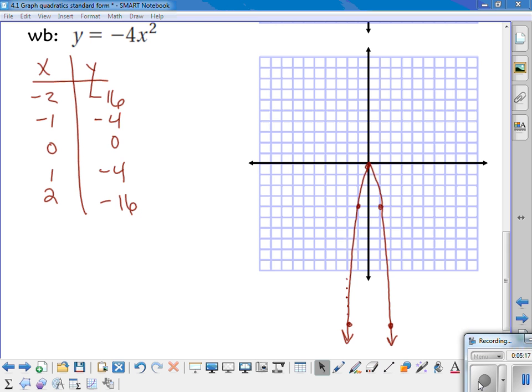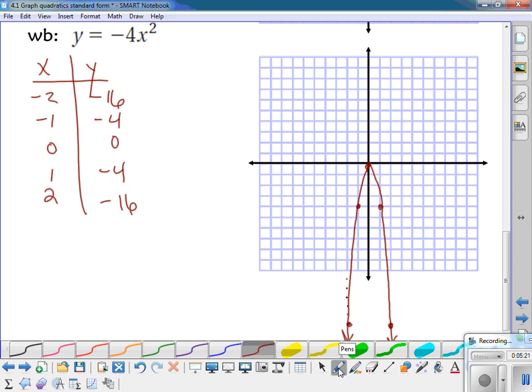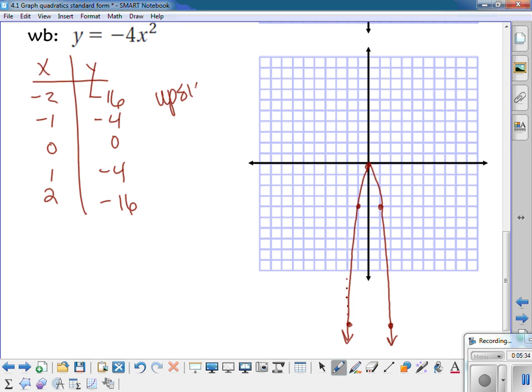So how does this one compare to the parent graph? It's reflected, or the orientation is that it's going down, right? Or it's upside down, whatever you want to say. Upside down. And it's also narrower, isn't it? Okay. All right.